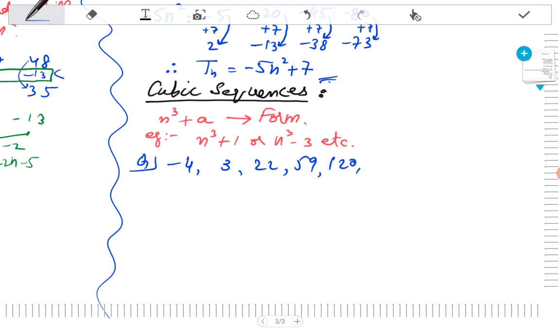So how can we solve this kind of question, because it's not mentioned in the question whether it is cubic, quadratic, or which kind of pattern is there? So how do you understand its pattern?